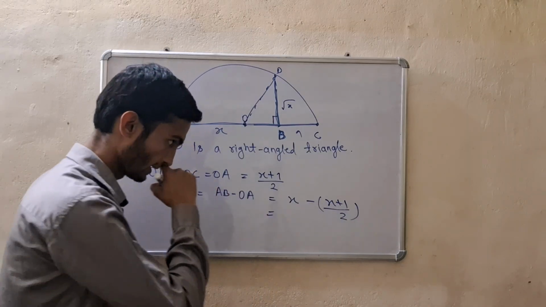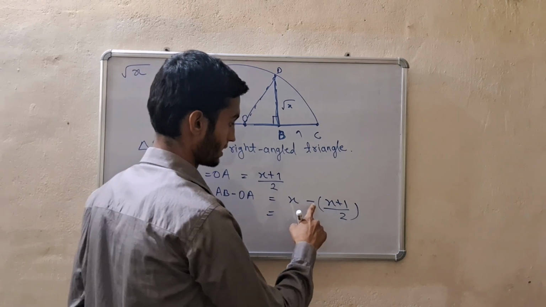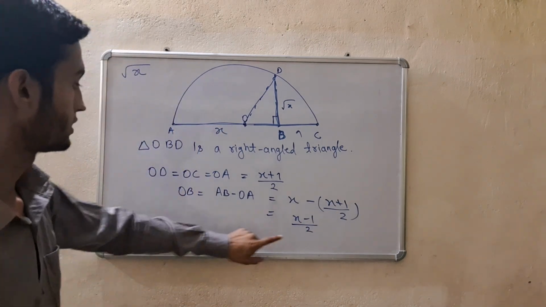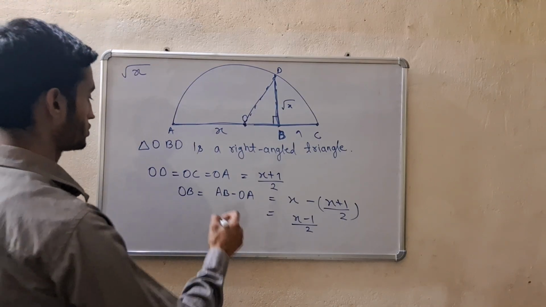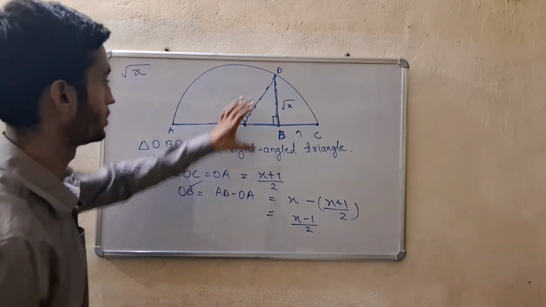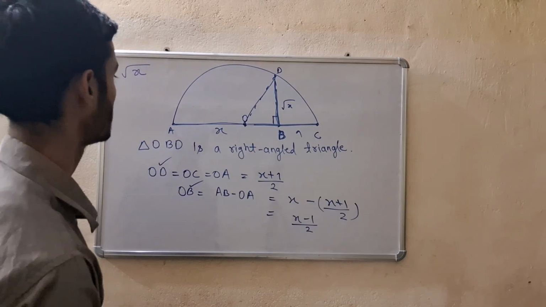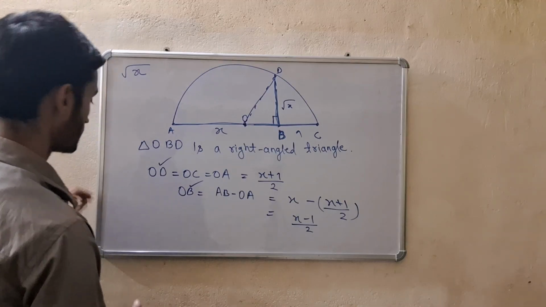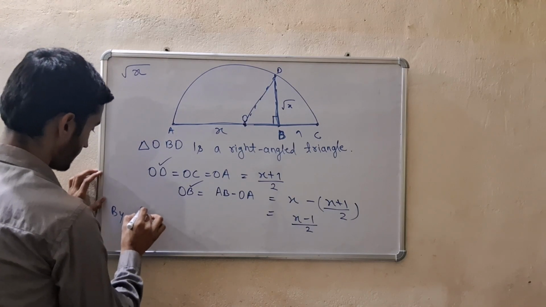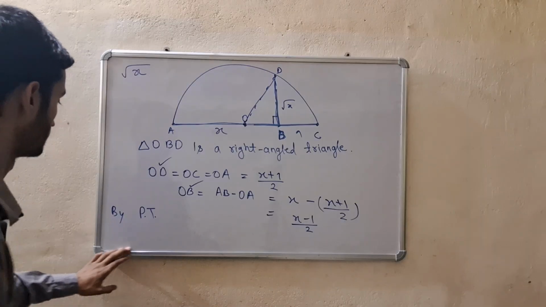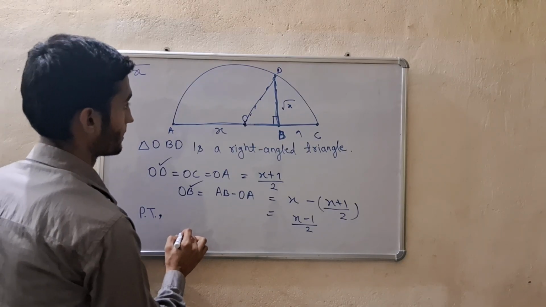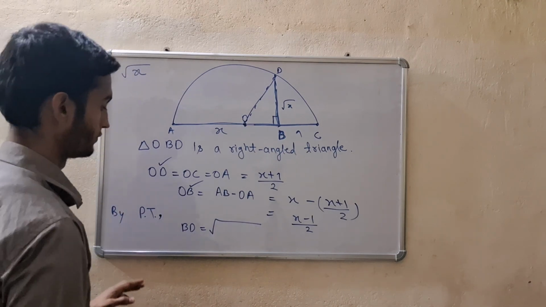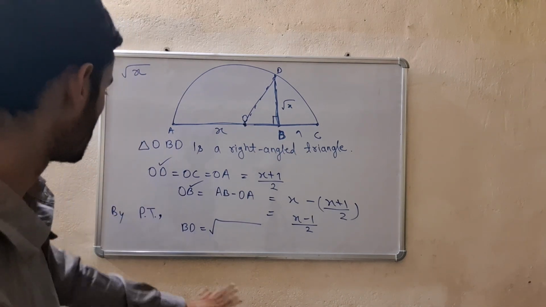So it comes out to be 2x minus x minus 1, so OB equals x minus 1 upon 2. So we have OD and we have OB. We only need BD. Now we will use the Pythagoras theorem to get BD. By Pythagoras theorem, we know that BD equals the square root of, we are directly using this formula.